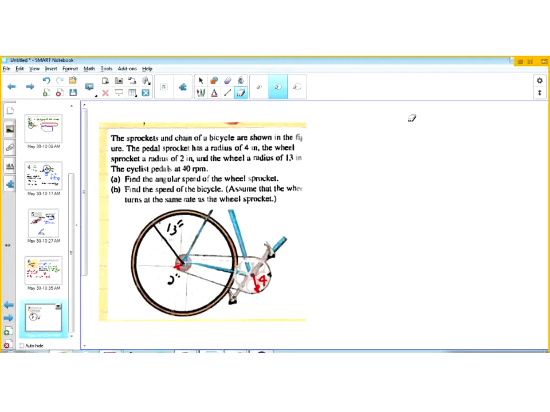We have the linear speed. Is that the linear speed? Yes, I'm sorry. Linear speed is 40 revolutions per minute. How did I miss that? Linear speed is equal to 40 revolutions per minute.